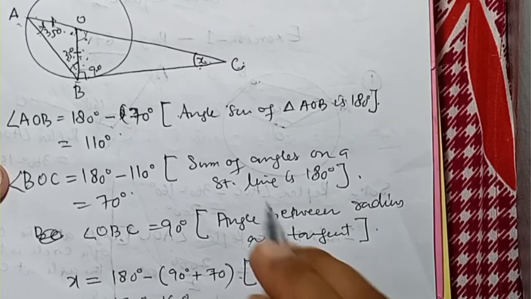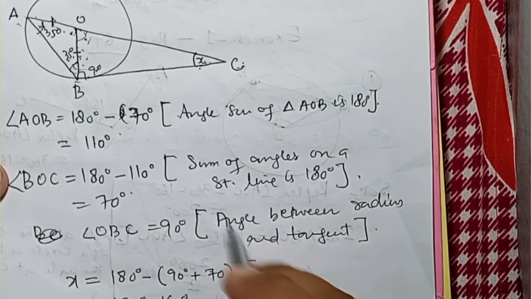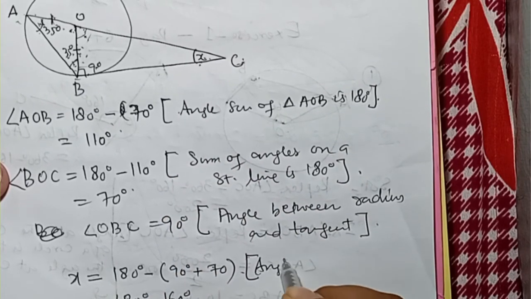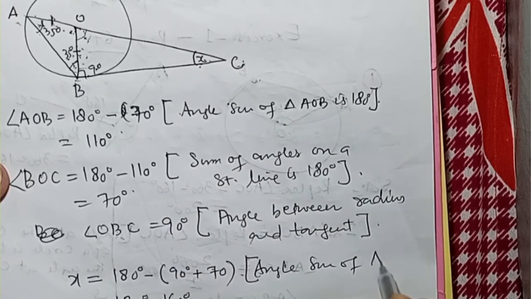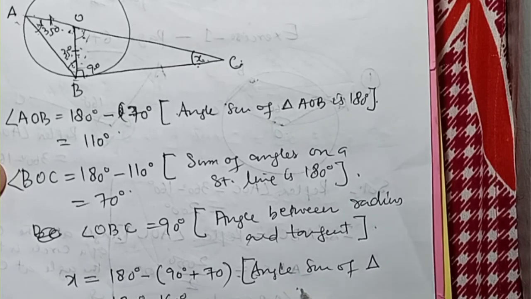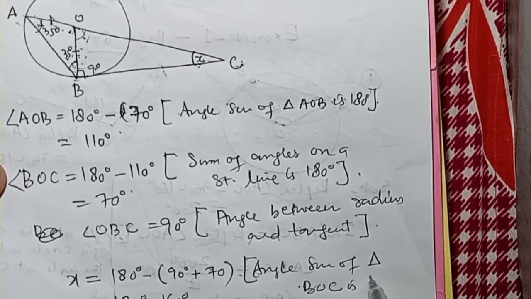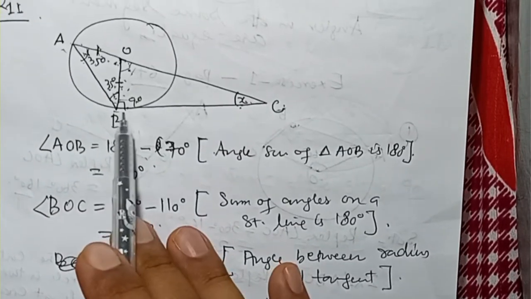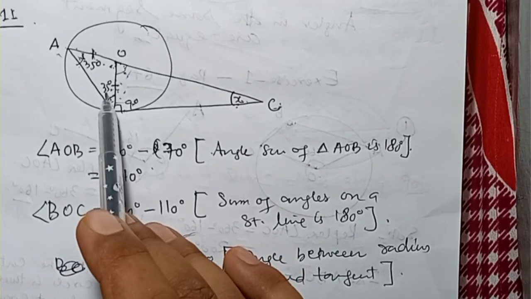Here what I have used is the angle sum of triangle BOC is 180 degree. You can see once again the diagram. It was only given 35 degree.